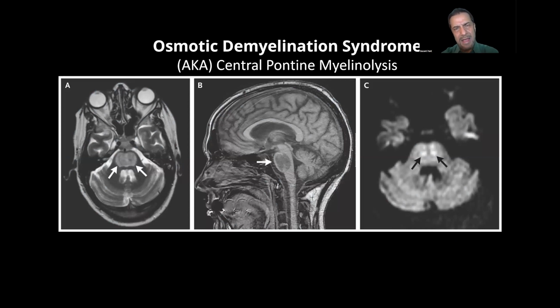You can also have metabolic demyelination, like in osmotic demyelination syndrome, which was known as central pontine myelinolysis in the past. Now they use osmotic demyelination more, because it's not only a sodium imbalance. If you do a very rapid sodium correction in a hyponatremic patient, then you can have osmotic demyelination syndrome.